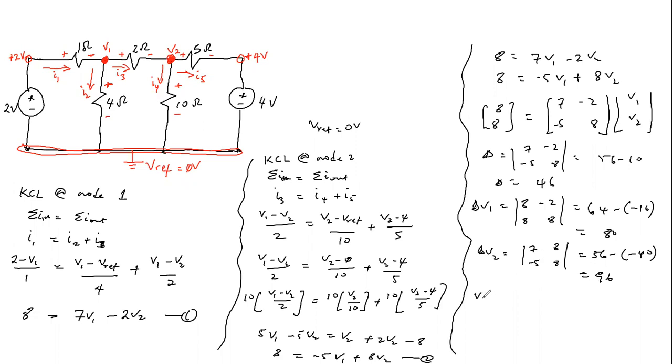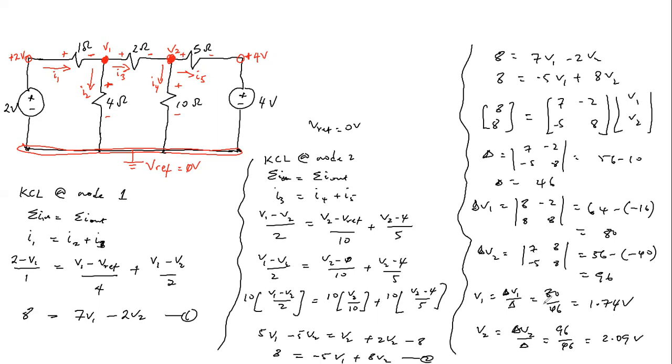So V1 is delta V1 over delta, which is 80 over 46, giving us 1.74 volts, while V2 is delta V2 over delta, which is 96 divided by 46, giving us 2.09 volts.